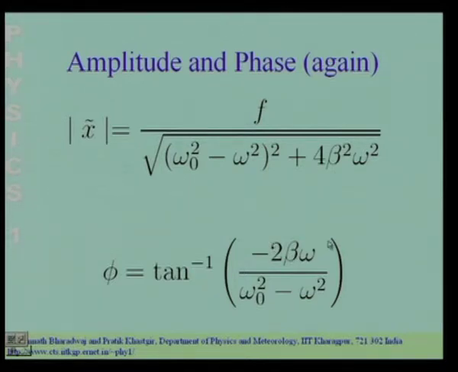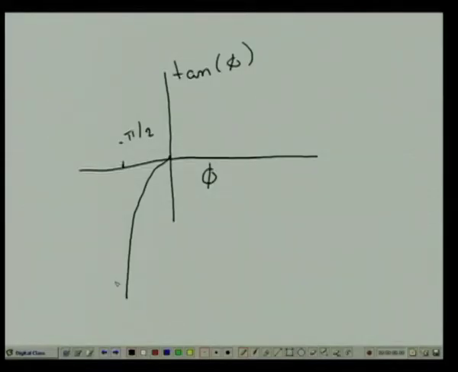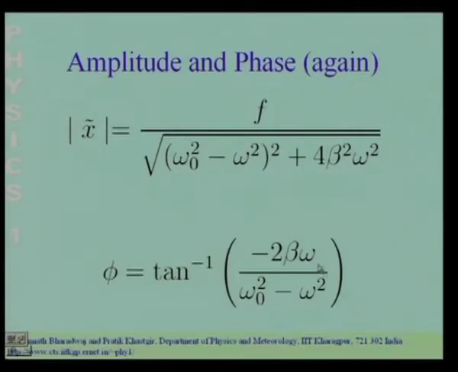So, when you cross omega equal to omega naught, you effectively start from here and then you go all the way to a phase of minus pi. At a phase of minus pi, tan of phi is 0. So, you see that the phase starts from 0 and extends all the way to minus pi as the frequency goes from very low frequencies to very high frequencies.